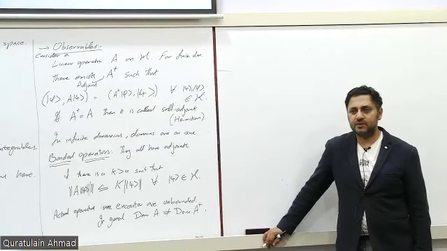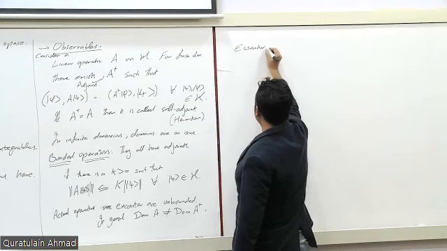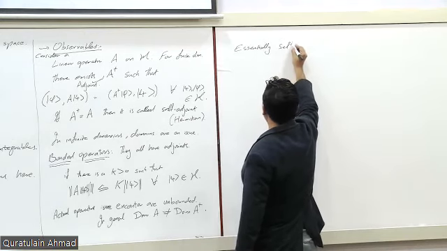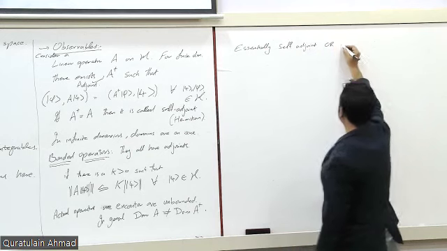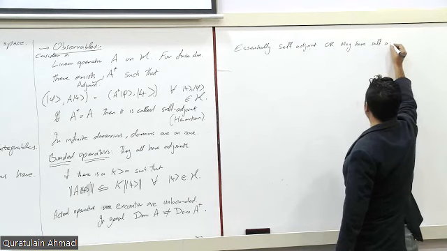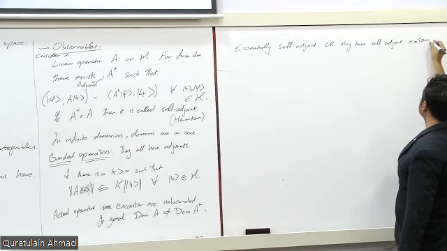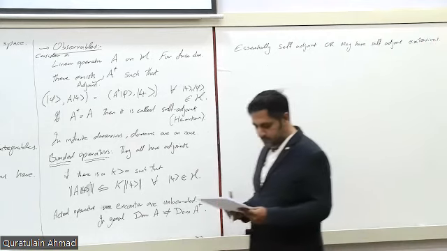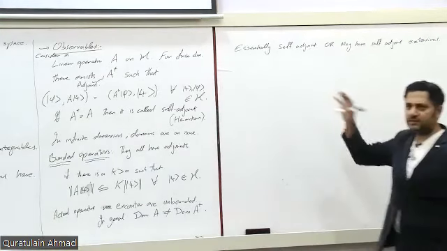So most of the operators which you encounter in quantum mechanics, they cannot be self-adjoint, but they can be what we call essentially self-adjoint, or may have self-adjoint extensions. We can't go into this theory, at least not at this point.